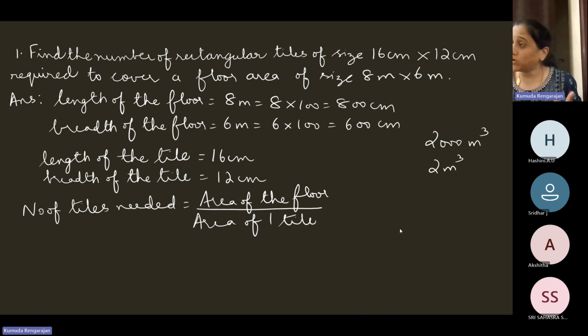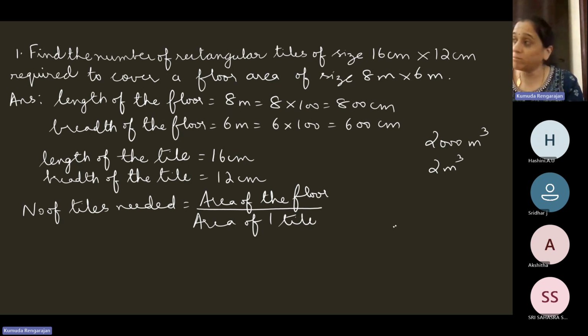So the number of cuboidal boxes that can be stored in this godown will be 2000 by 2, which is 1000.